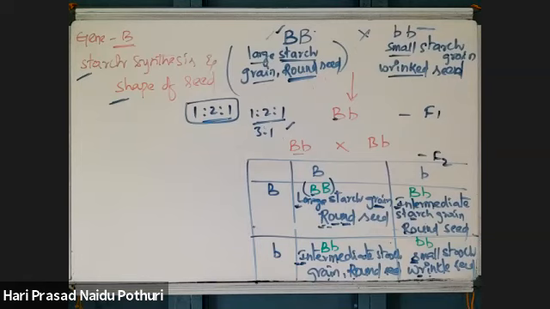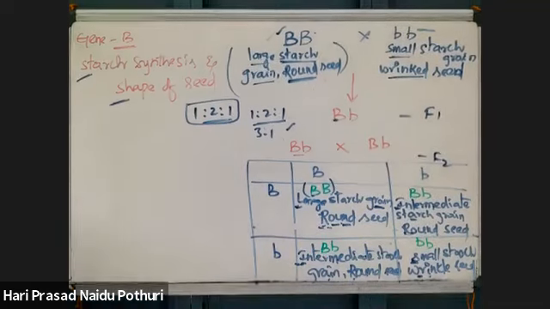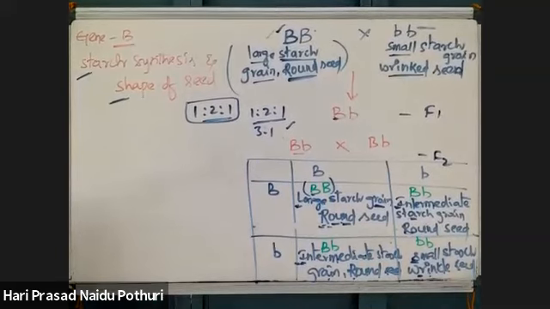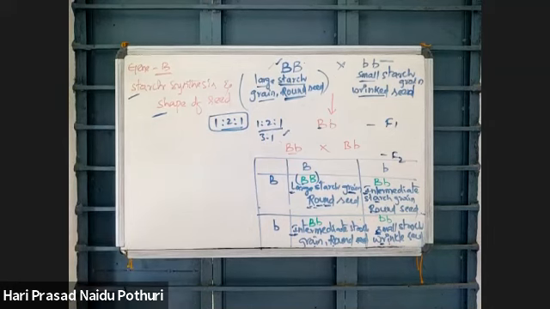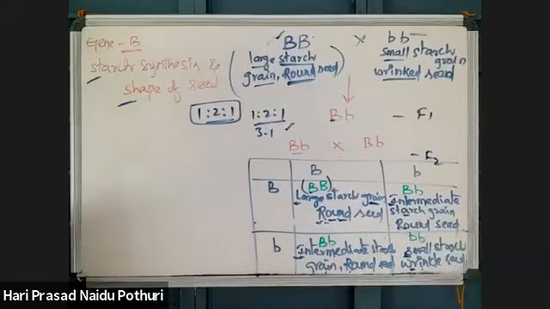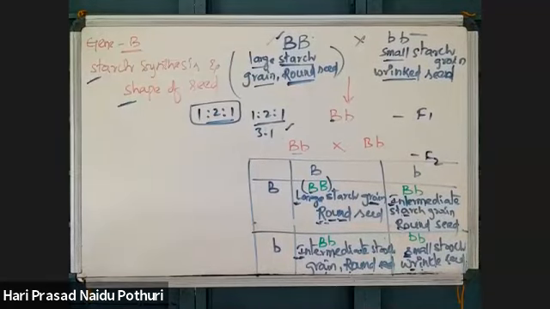Next point. Therefore, dominance is not an autonomous feature of a gene or the gene product.